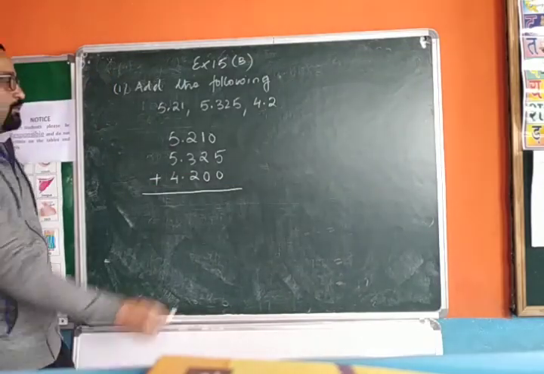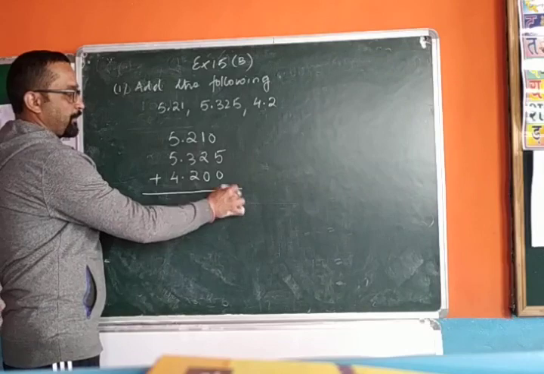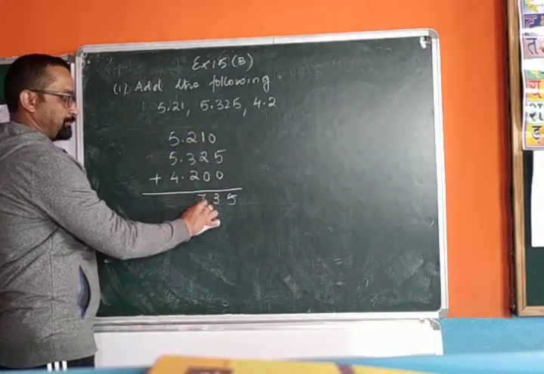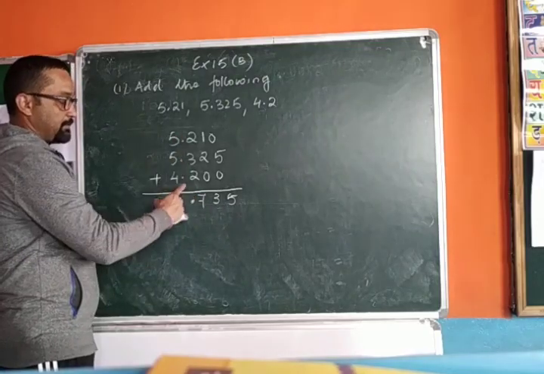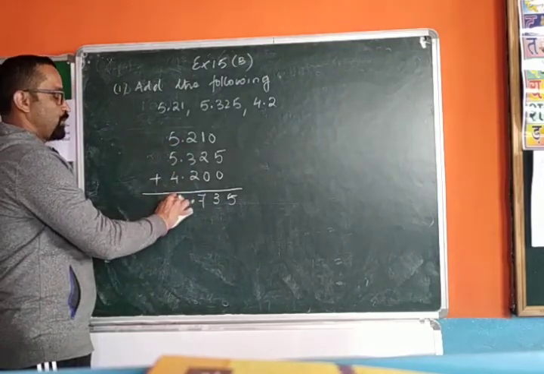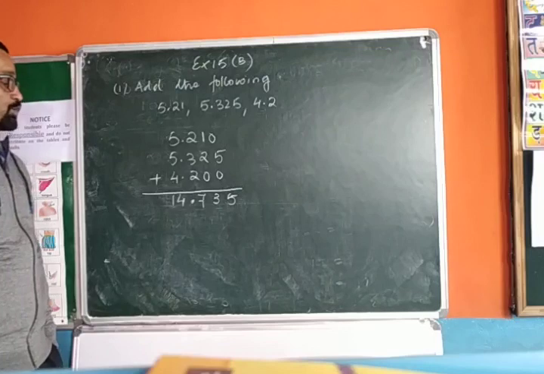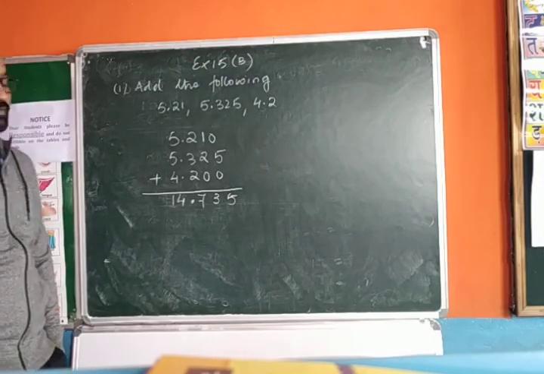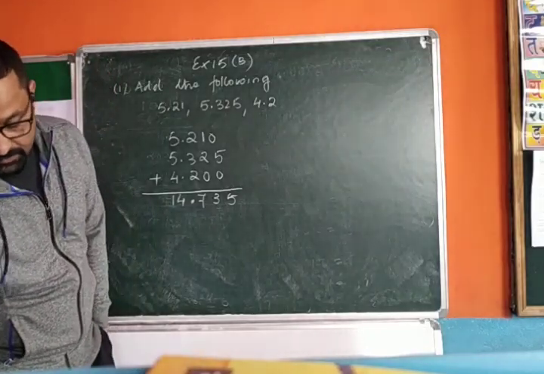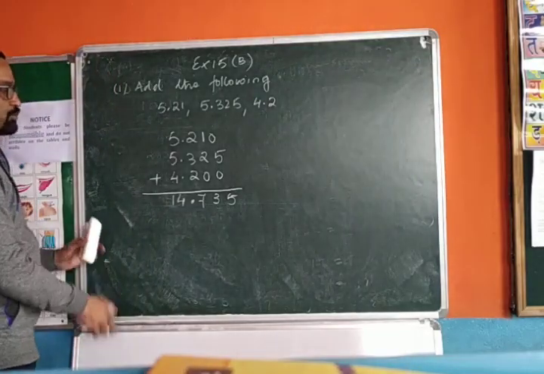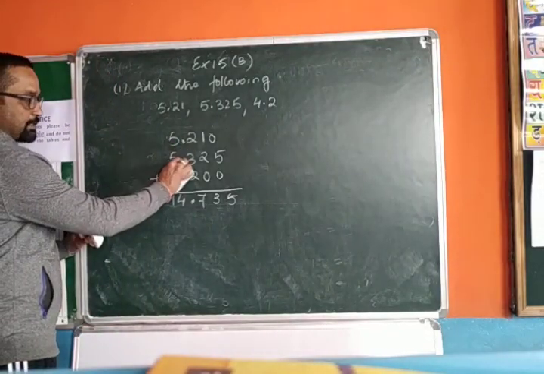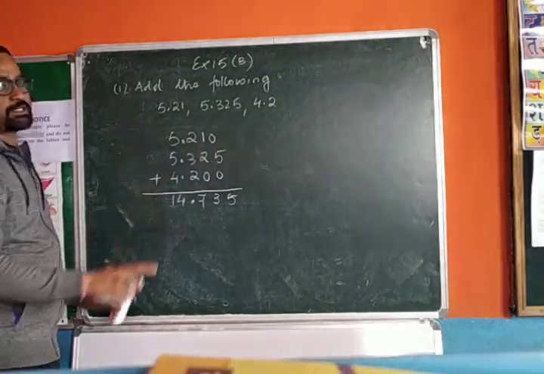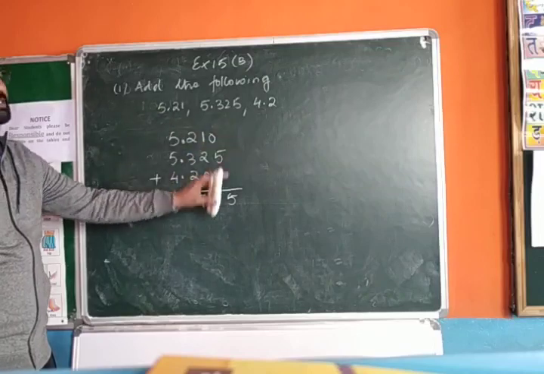Simple addition now. 5, 3, 5, 6, 7. Decimal you write. 5, 10, 14. It is 14.732, added value. And please do remember, you have to have the decimal in the same line and the digits after the decimal should be on the right hand side.